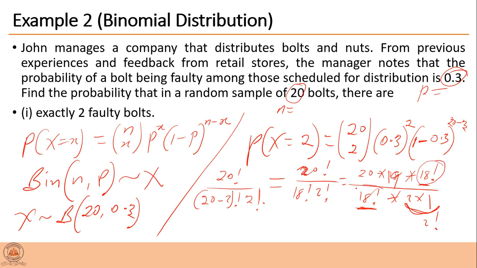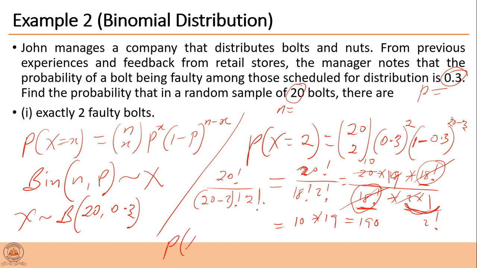If I expanded it, I would get exactly the same, so I just leave it and cancel it out. The 2 goes into 20 ten times, so what we are left with is 10 times 19, which equals 190. So this is 20 choose 2.